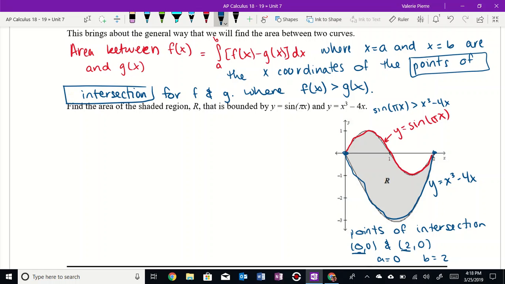Okay, so now I have everything that I need to write the definite integral for the area of R. So the area of R is equal to the definite integral from 0 to 2 of sine pi x minus (x cubed minus 4x) dx.